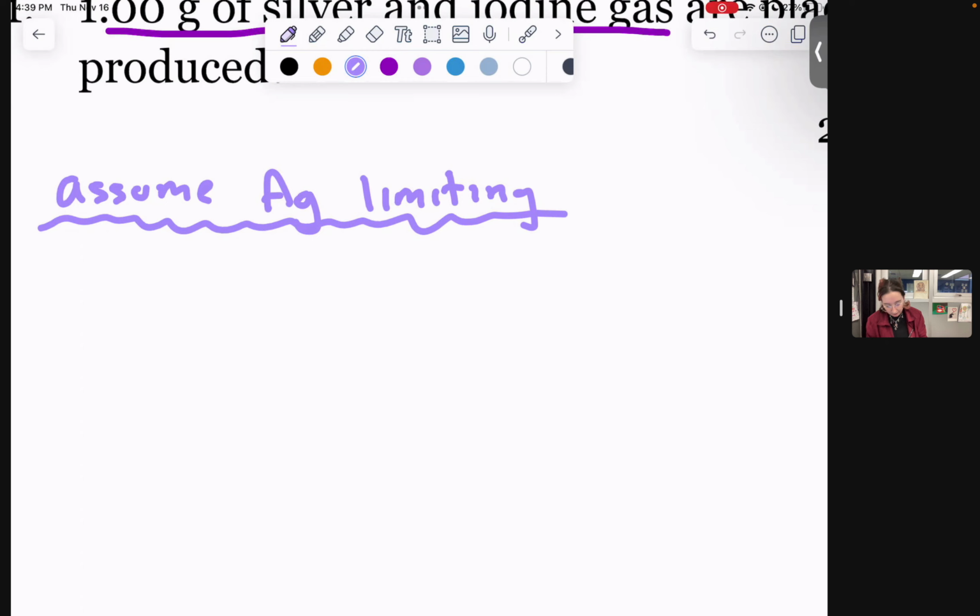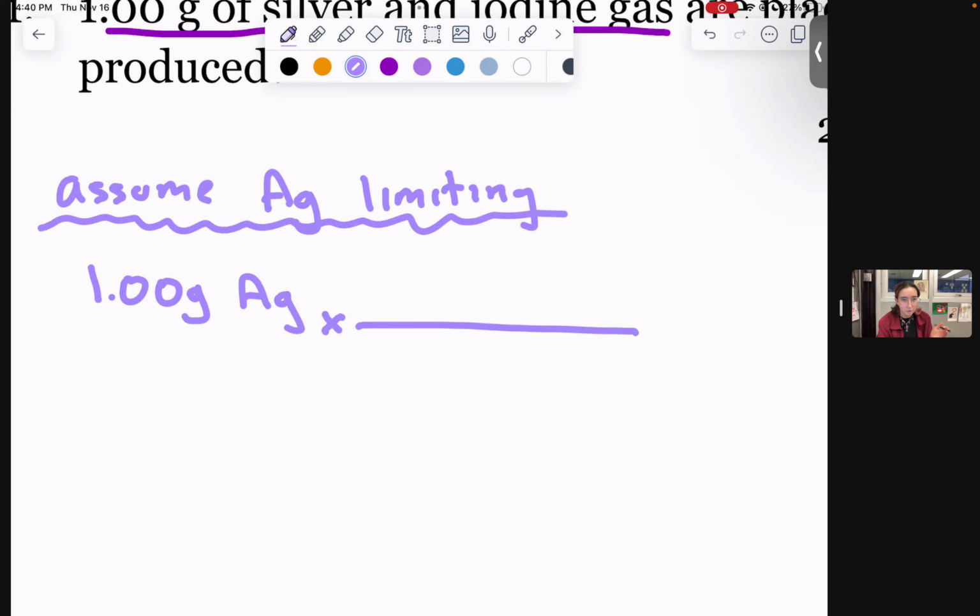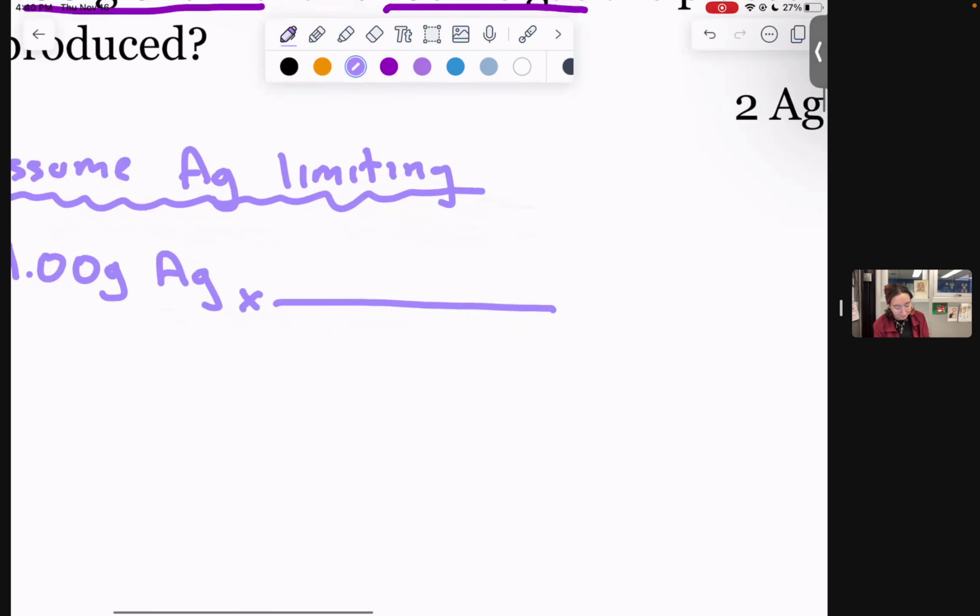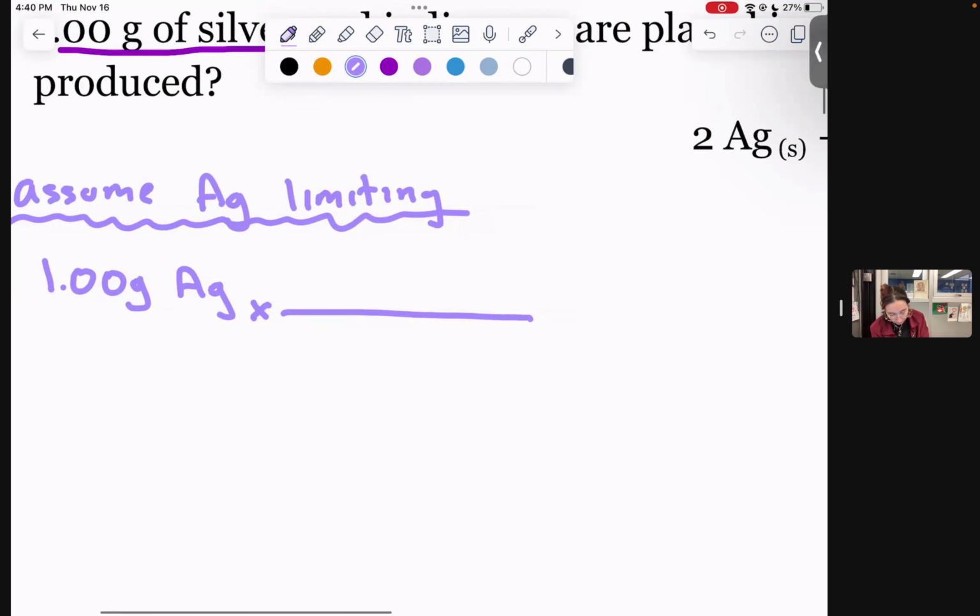Just say, okay, I have 1.00 grams of silver. How much silver iodide can I make with that? So we're just going to go through our stoichiometry process. Again, please practice this on PS 4.5, look at your map, etc. We're going to change our grams into moles using our molar mass.